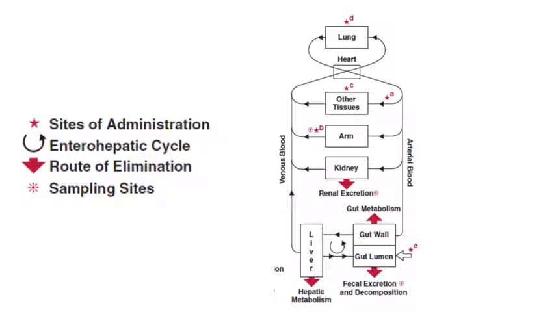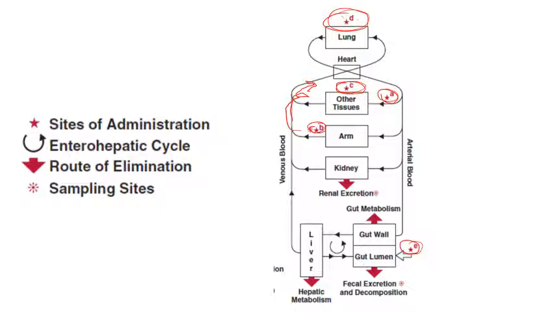In this figure, you can see the sites or the locations where we can administer the drug. So, for example, we have the lungs, which is considered as one of the sites for the drug administration. We can administer the drug directly to specific tissues or in the artery to be delivered to that tissue. Also, we can administer the drugs in the venous side to be distributed to the tissues or the systemic circulation. Also, we have the oral administration of drugs through the gut lumen, and these are mainly the sites of drug administration.